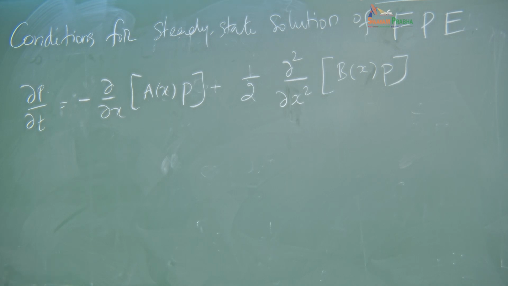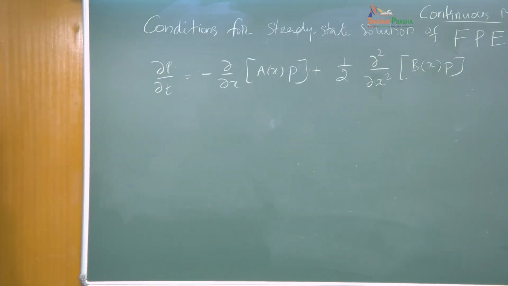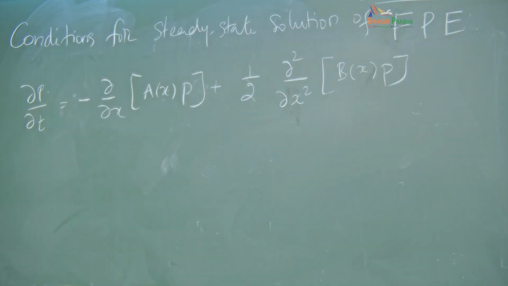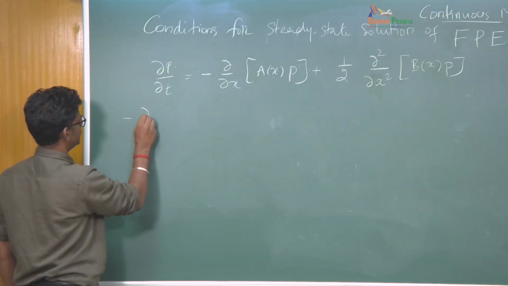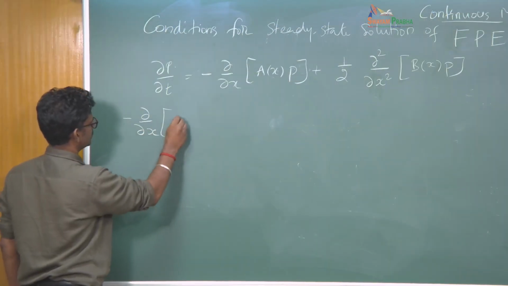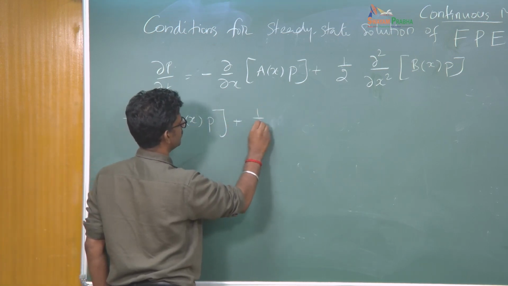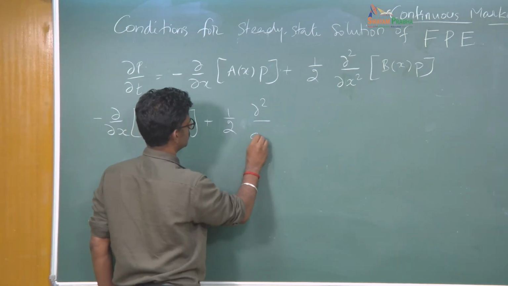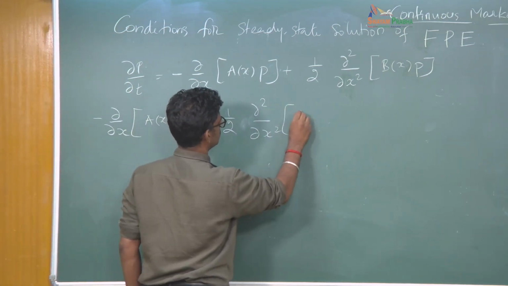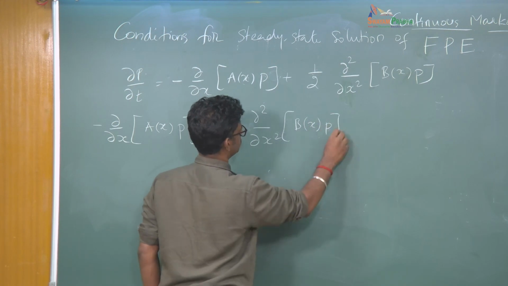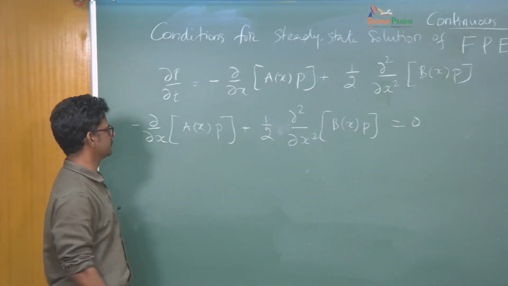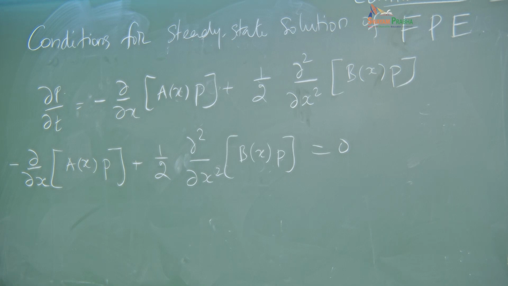Now we are seeking a condition where this term goes to 0, so that I can look for steady state solutions. So when this is equal to 0, we say that minus ∂/∂x of a(x,p) plus 1/2, so I'm rewriting this.